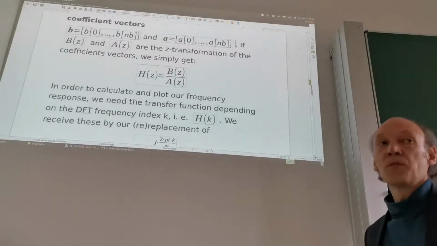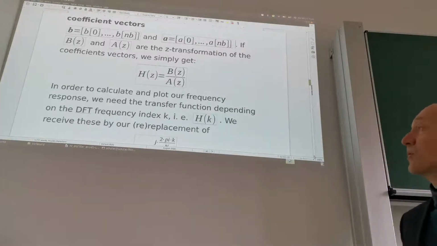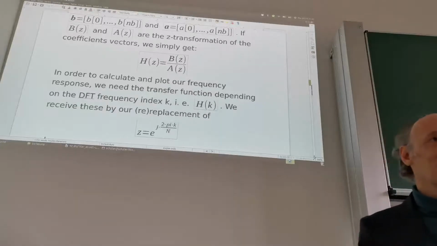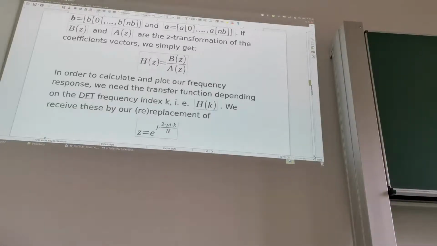So now we can simply write H of Z equals B of Z divided by A of Z. So it's all Z transforms. Simple, right? At least at this point, it becomes very simple because you just have a very simple fraction of two Z transforms.